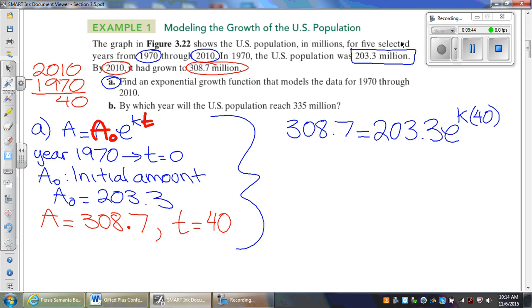So now to solve for this, remember what we're looking for. We are looking for k. And remember, k is called the growth rate. So before we could solve for it, what does the 203.3 do to e? Multiply, so it makes sense that we divide, correct?